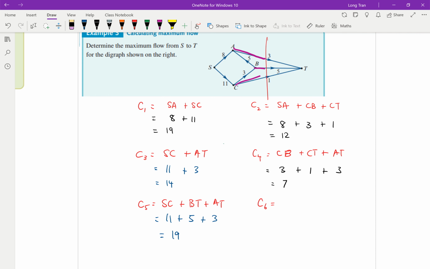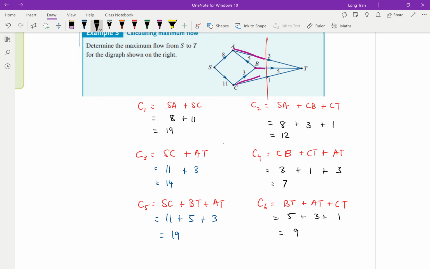Notice that this is only taking me longer because I'm explaining to you as I'm doing it. So A to T and then C to T. But technically, you can do it by inspection as well. Okay, so B to T was 5, and then A to T is 3, and then C to T is 1. So that's 9 there.